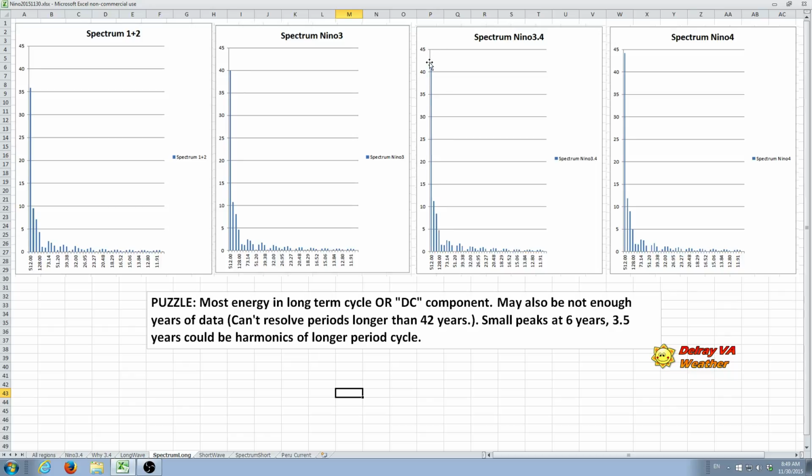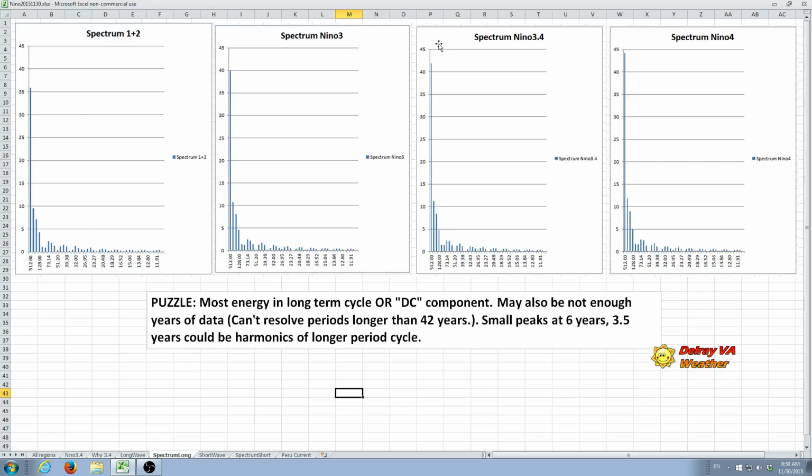And this is really what kept me from doing the video for a while, because this really is puzzling to me: why we don't have some peaks at shorter wavelengths down here. It's possible that this characteristic is a result of the fact that we don't have enough data, that you can't resolve cycles longer than 42 years.